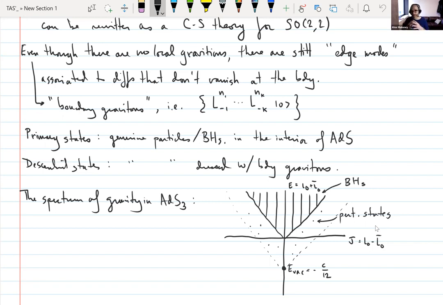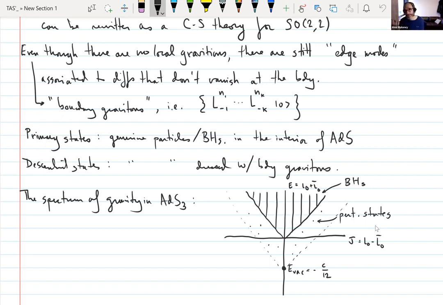So a primary state is a state that is annihilated by the L_n, where n is positive. I've defined for you the L_n as charges acting on the phase space of the theory, right? They're integrals of the stress tensor. So these are going to be promoted to quantum operators acting on the Hilbert space of the theory in a quantization of the theory. So find yourself a state. Here, this is actually a good exercise.